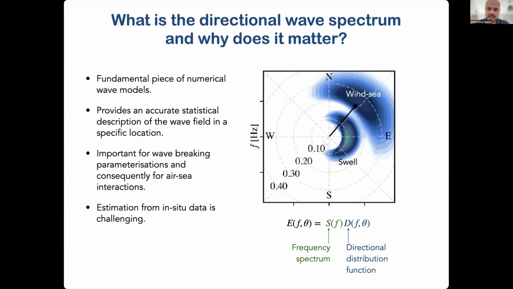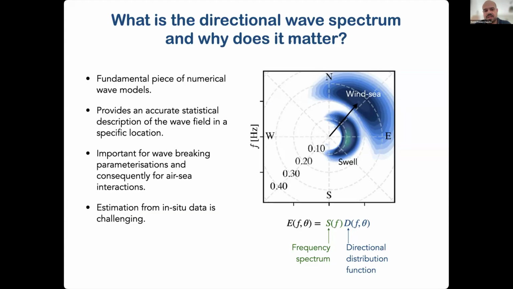I'm sure that I don't have to convince you about the importance of the directional spectrum. We know that it is one of the fundamental pieces of numerical wave models. For example, it provides a robust description of the wave field in one specific location.